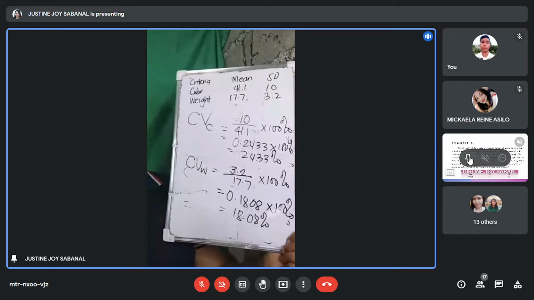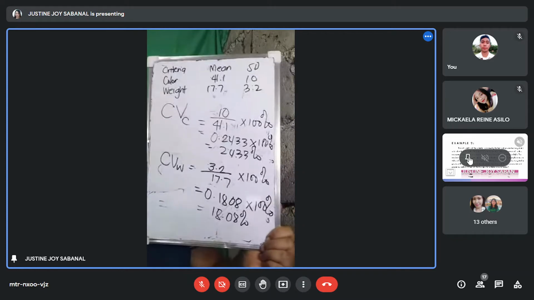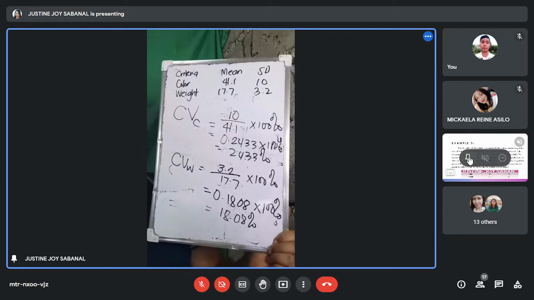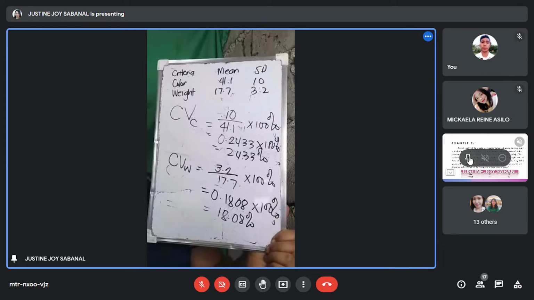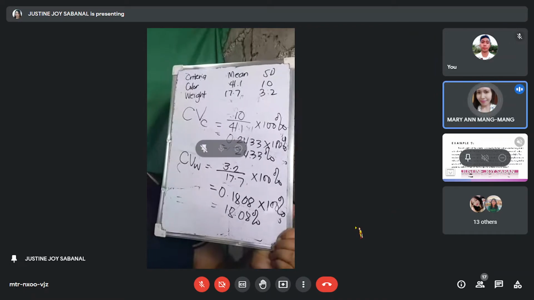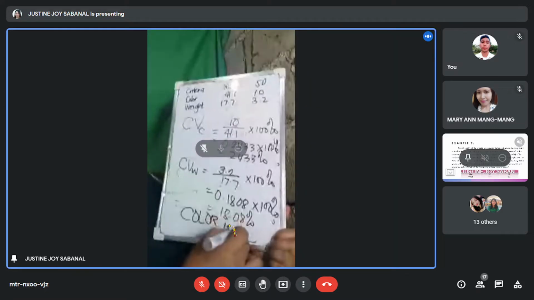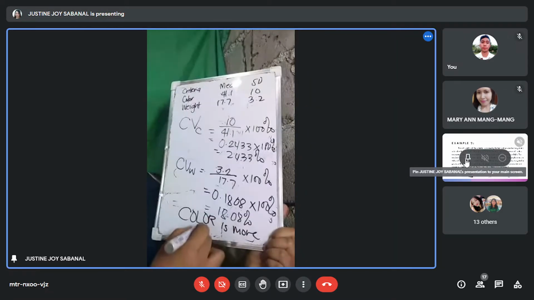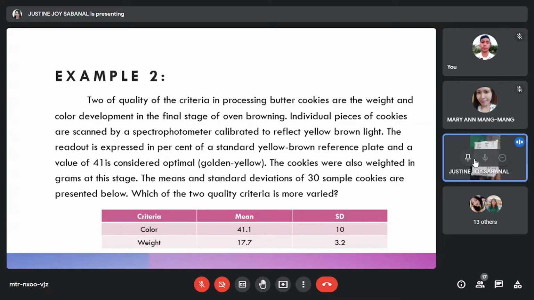So, ano yung sagot natin dun sa question na alin yung mas varied? Yung sa color, ma'am. Okay, correct. So, color is more varied. So, more spread yung data.